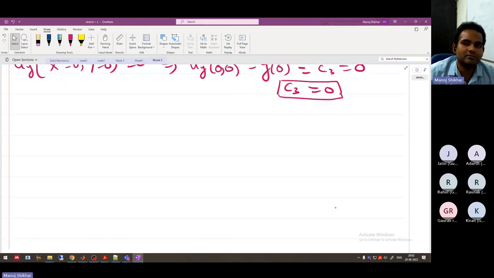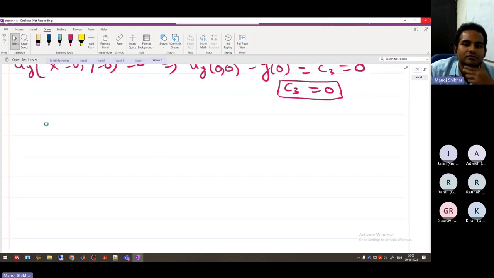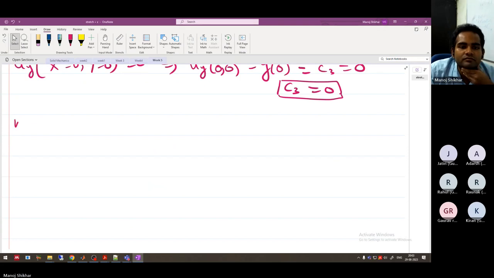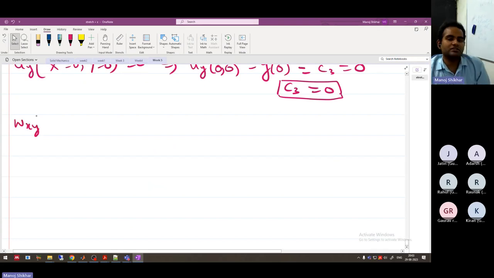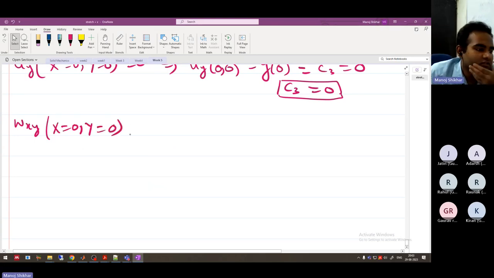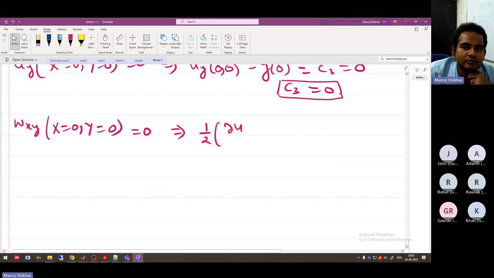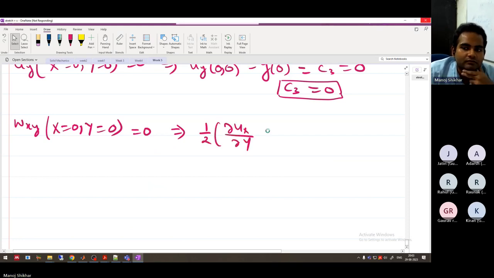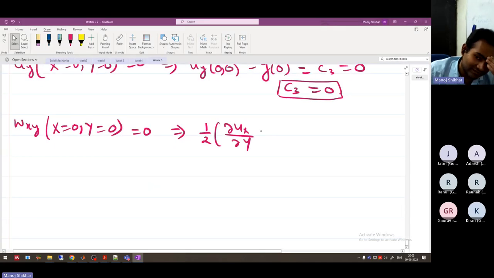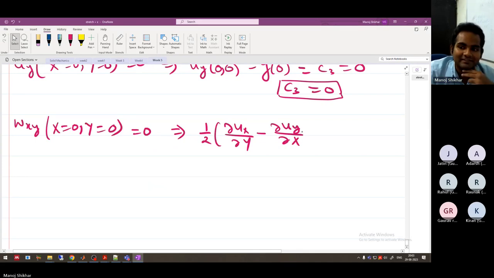We also have another condition: wxy at the origin is 0. Its expression you can get from the last lecture of sir. The expression of wxy is 1 by 2 times del ux by del y minus del uy by del x.